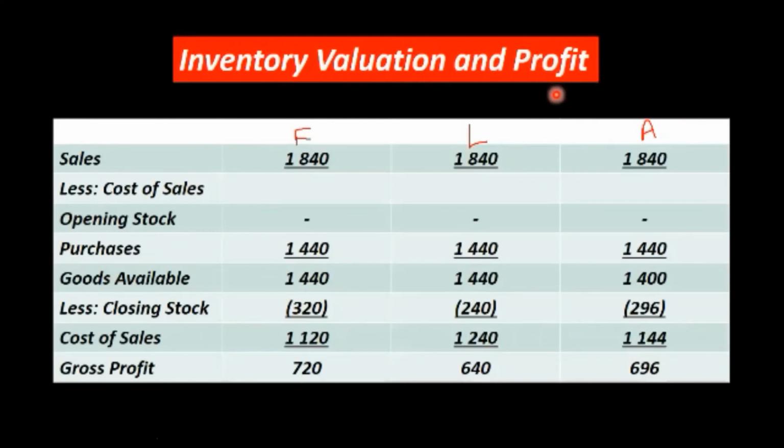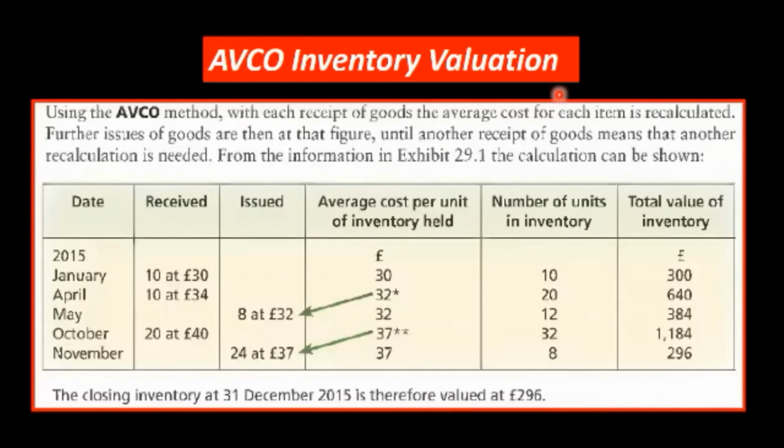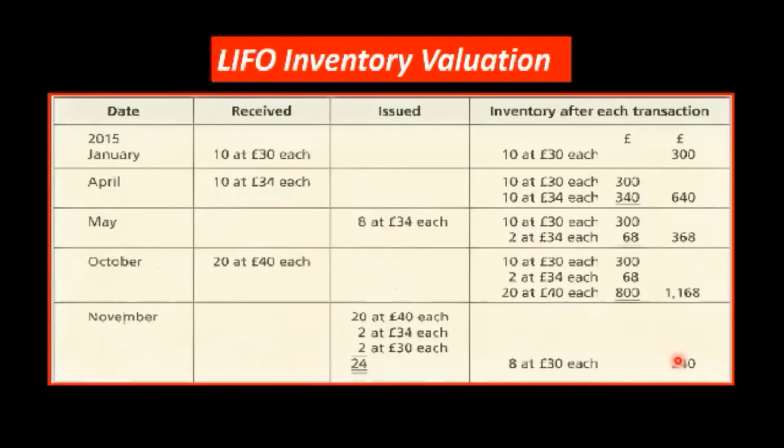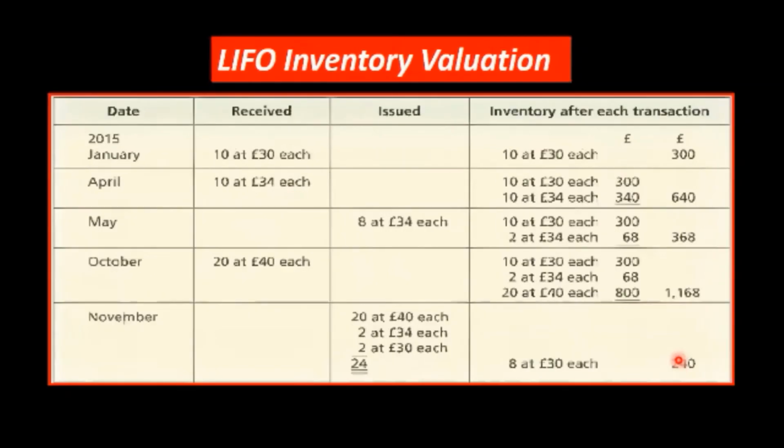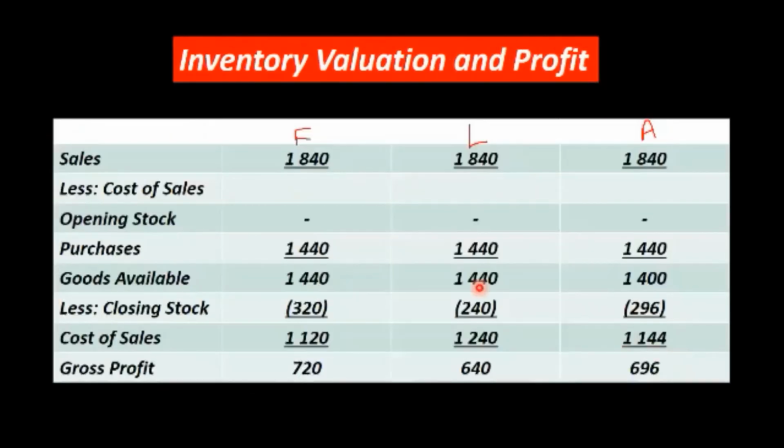Okay. Now we notice that each method we use, we got a different valuation for the stock, right? Inventory 240 and 320. Now, what we have here is an abbreviated trading account in 3 columns.